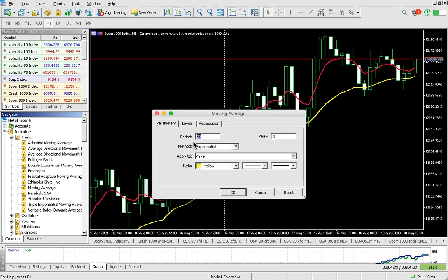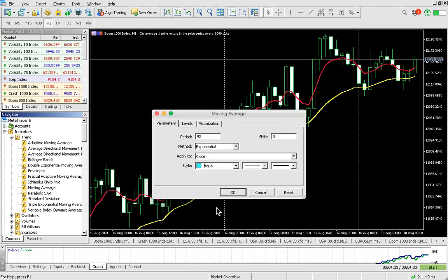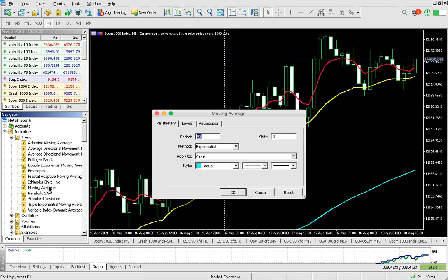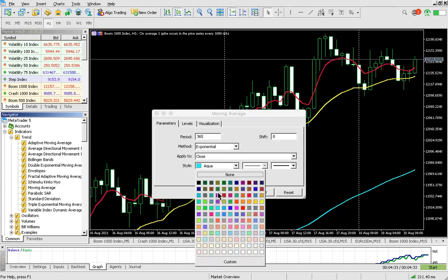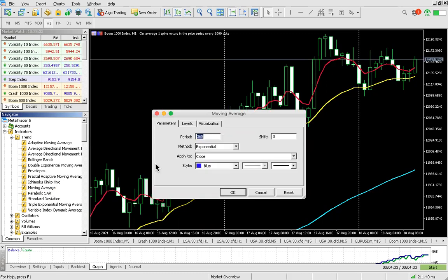Moving average 92, I will make that aqua or water. And then moving average 365, I will make that blue. And then the last one, which is the moving average 1460, I'll make that brown.